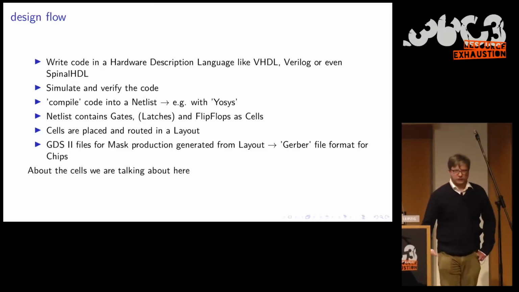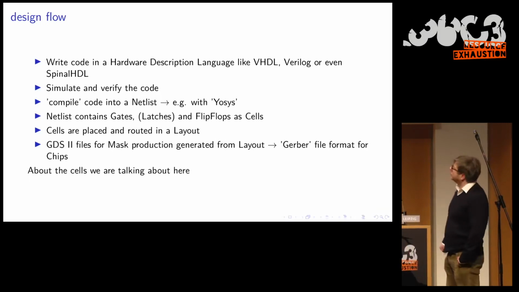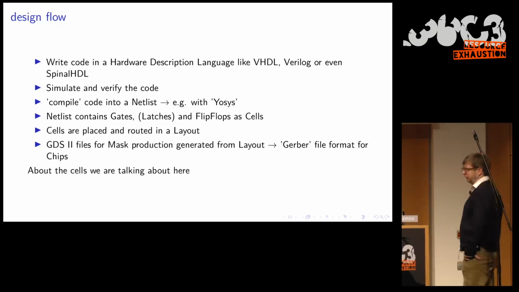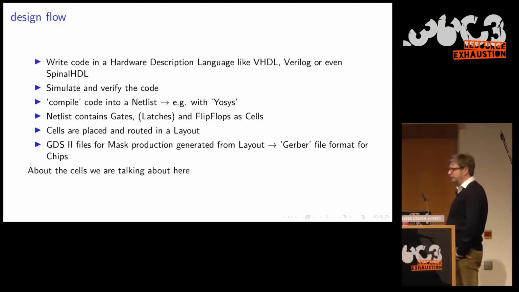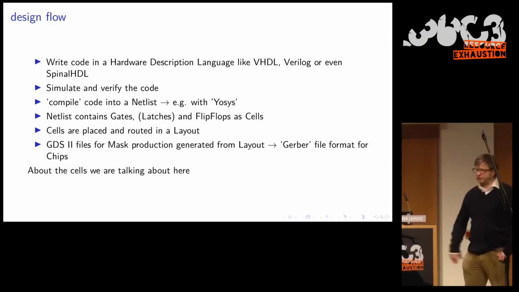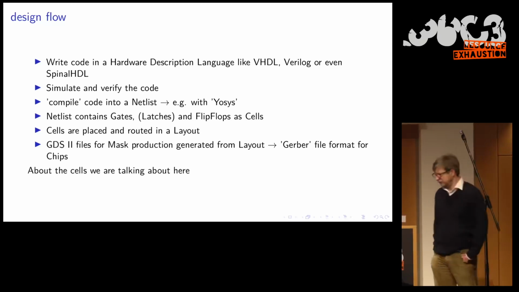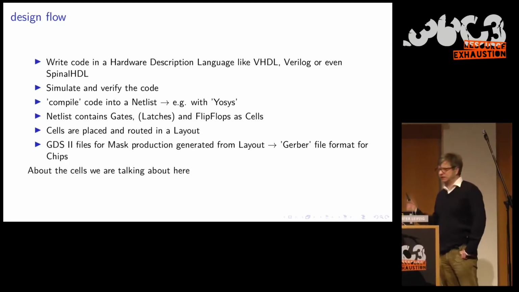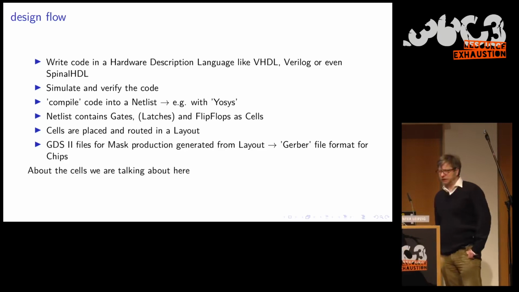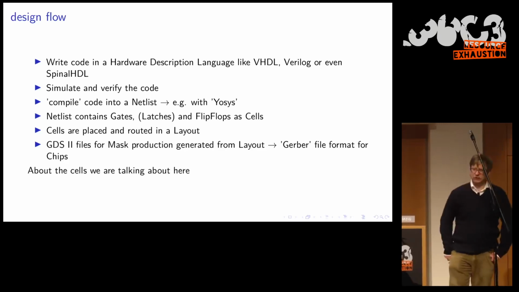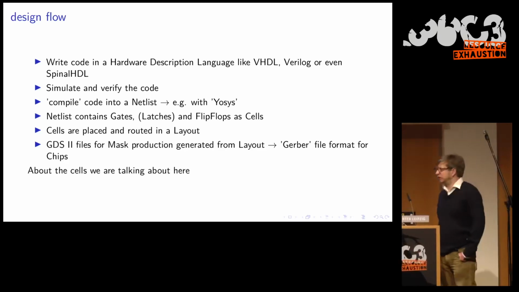So we need some layout information, which layer they use, how they are built, and in the end you get a GDS2 file. That's something similar to the Gerber files in PCB design. These files are used for the mask production.